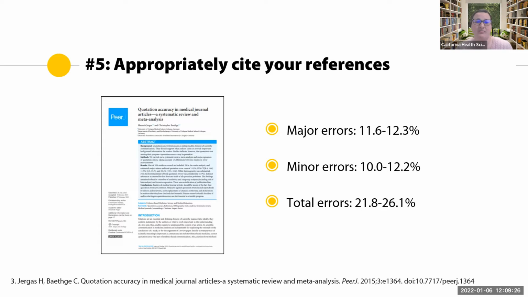So we're looking at 10 to 12% for those major and minor errors, and then overall combined about 22 to 26%. That's really kind of important when we're talking about medical literature. I mean, we should care about accurate literature no matter what field we're in, but this could impact patient care and well-being. So it's really important to care about those types of things and to get it right.